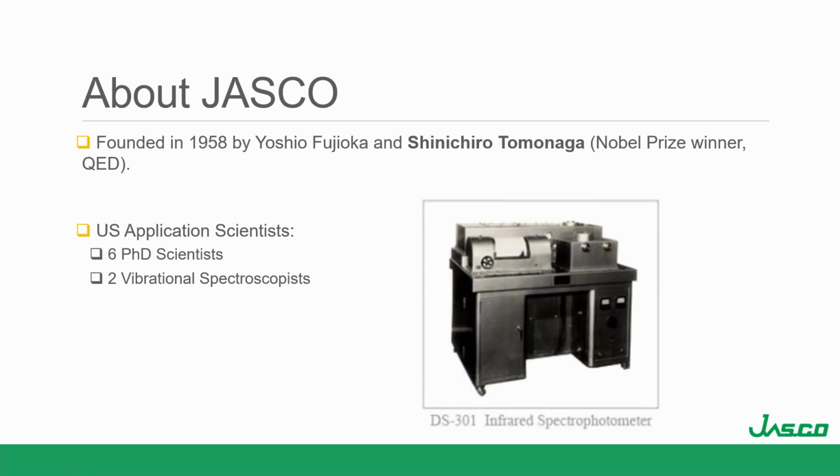So I just want to talk about JASCO itself for a minute. It was founded in 1958 by Drs. Fujioka and Tominaga. And Tominaga actually won the Nobel Prize alongside Richard Feynman for QED. Staff, we have 6 PhD scientists, including 2 vibrational spectroscopists, me and Carlos.